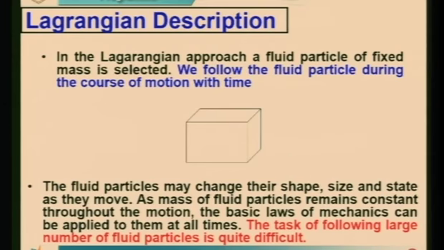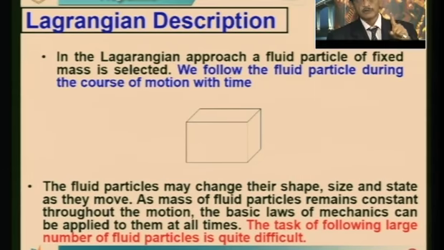Now, let us describe the Lagrangian description in our way. In the Lagrangian approach, we take a fluid particle of fixed mass, as I mentioned, some number of particles, and we follow the fluid particle.